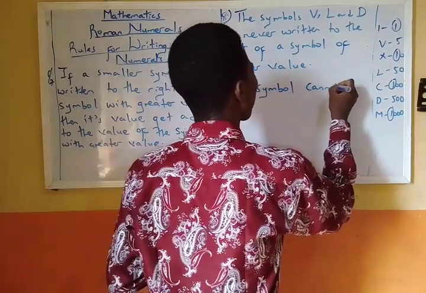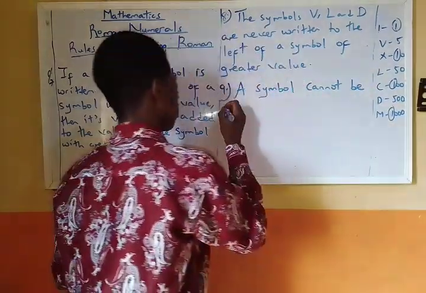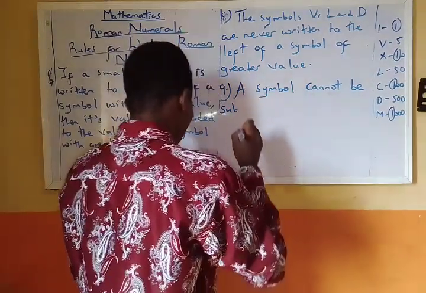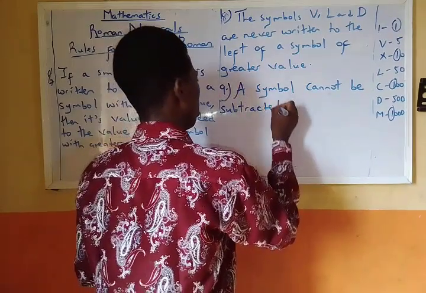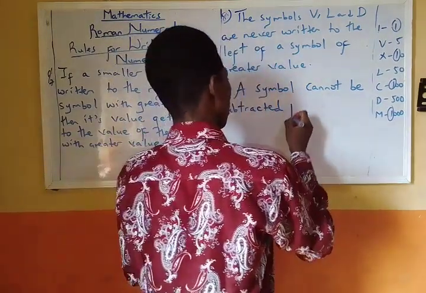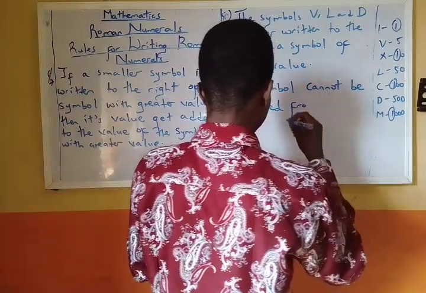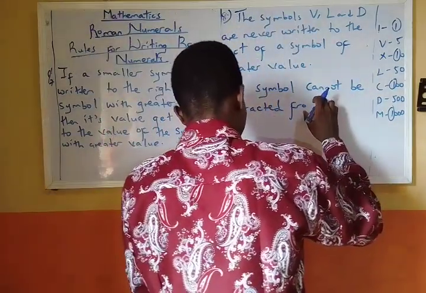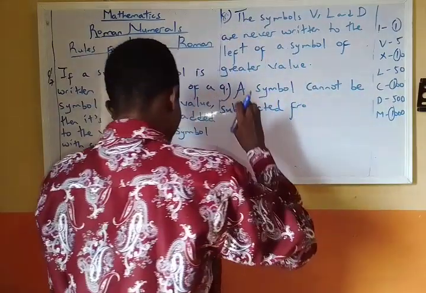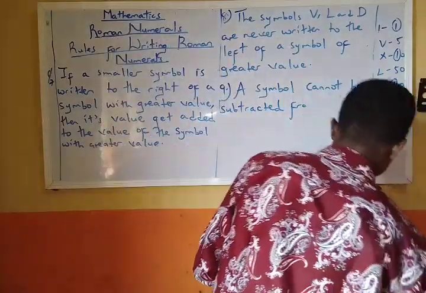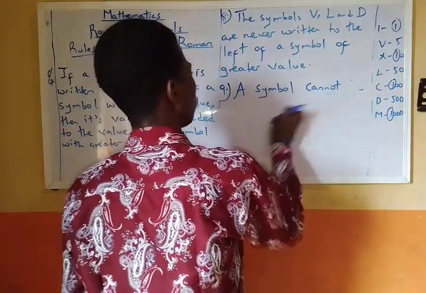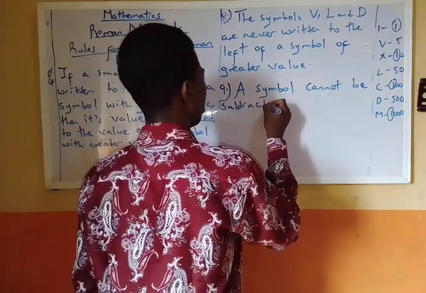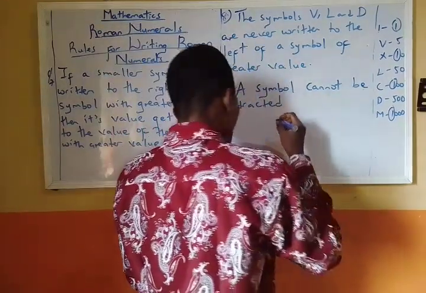A symbol cannot be subtracted. Let me put it this way so that it will be very simple: a symbol cannot be subtracted more than once.